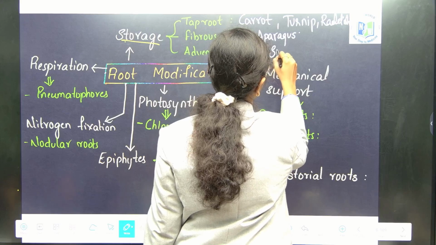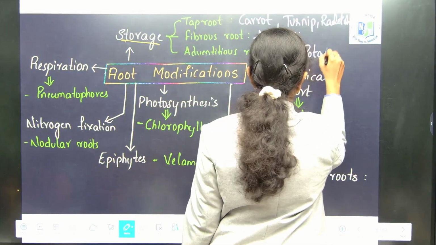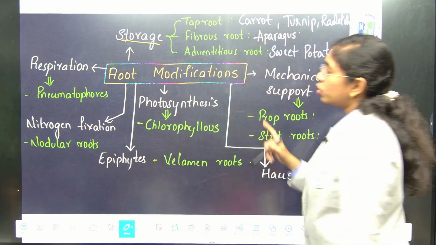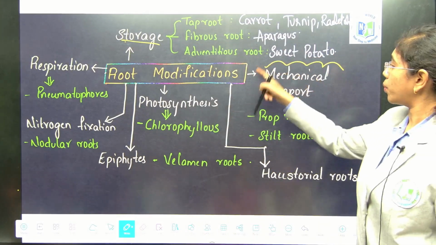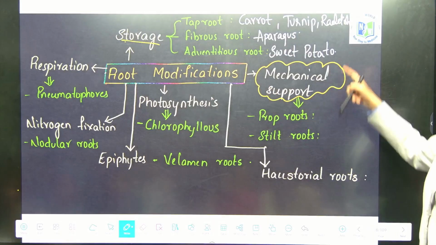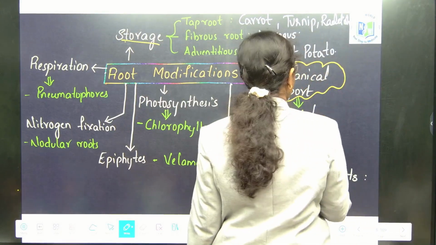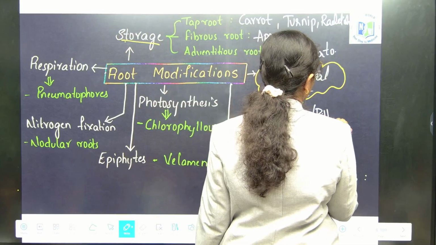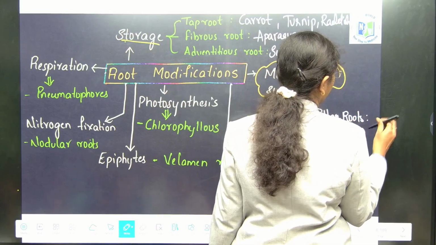That is Ipomoea batatas, right? Next, those roots which are modified to give mechanical support include what? Prop roots and stilt roots. Prop roots are also known as pillar roots. Example, banyan tree.